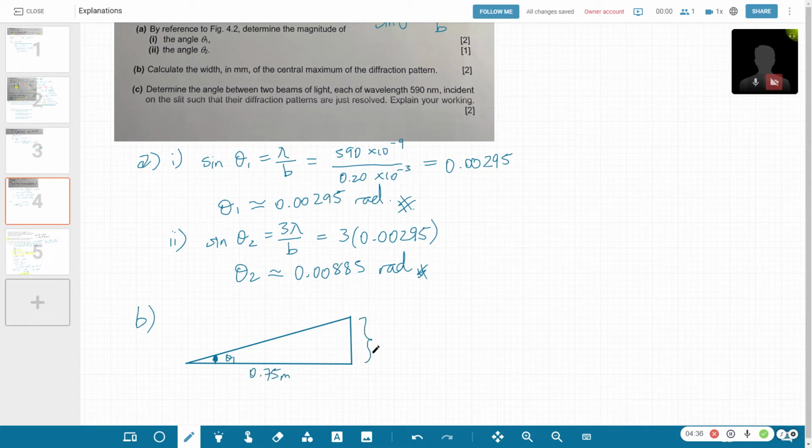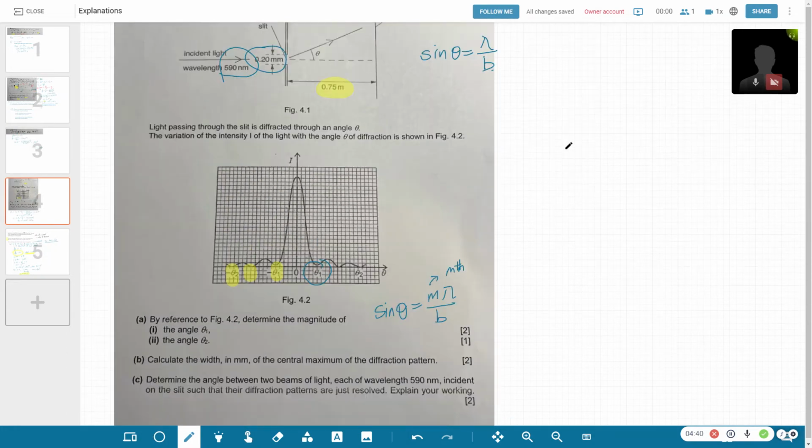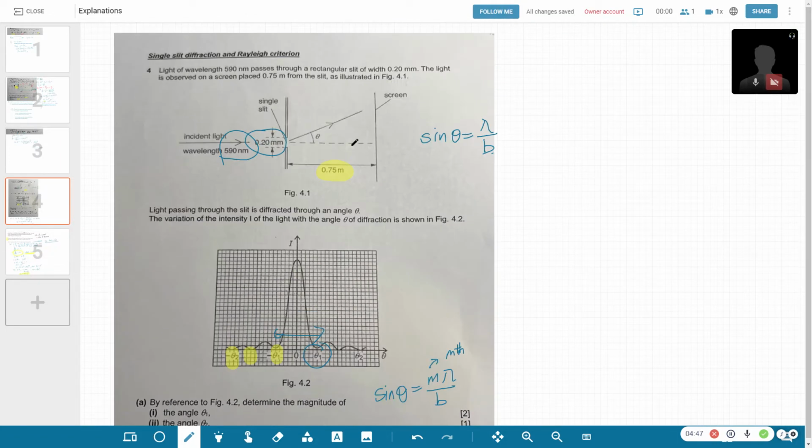And this is half of the central maximum. The central maximum is actually this line here. Imagining another theta here, the central maximum spans both triangles, but I'm taking the first triangle, this part.